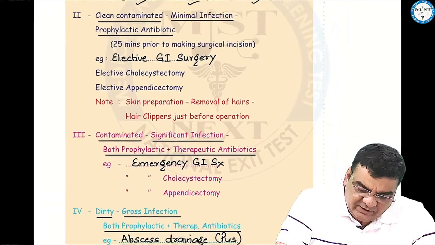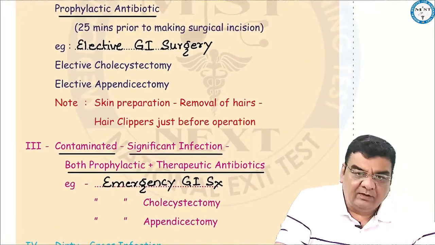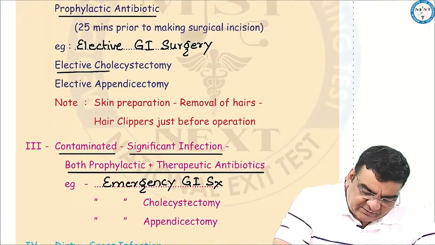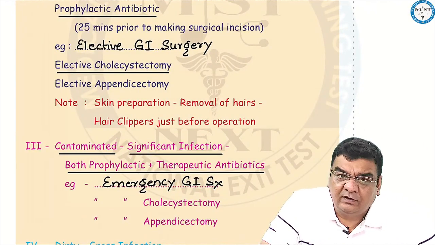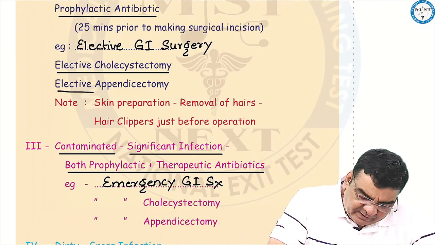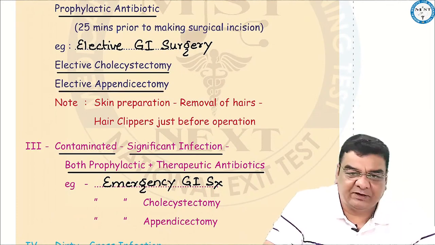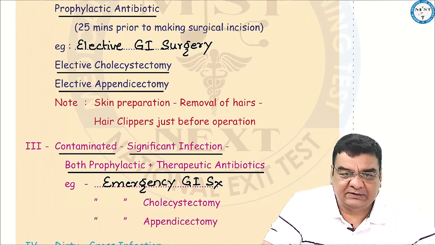Now, in this elective GI surgery, elective cholecystectomy. What is cholecystectomy, beta? Removal of gallbladder. Elective appendicectomy. What is appendicectomy, beta? Removal of appendix.